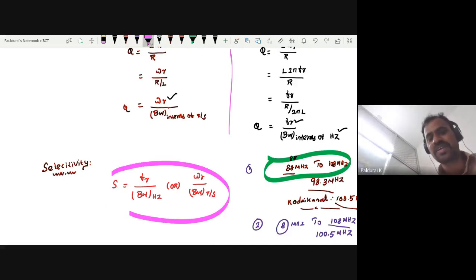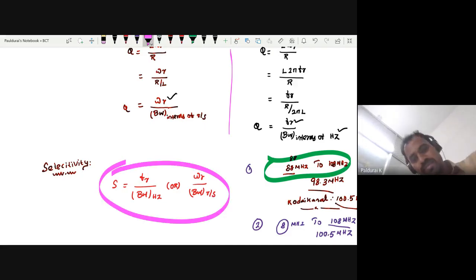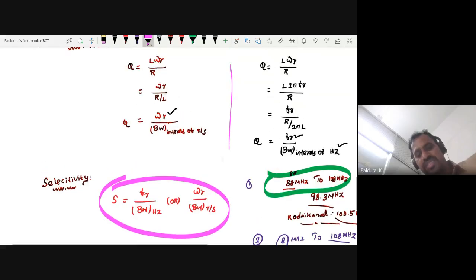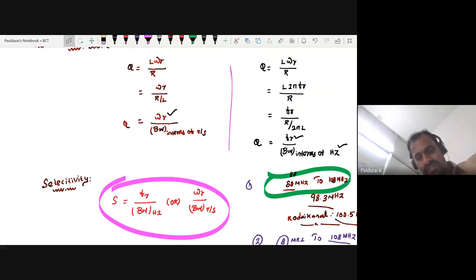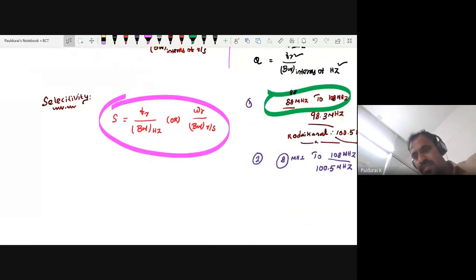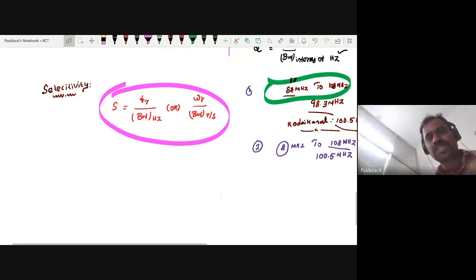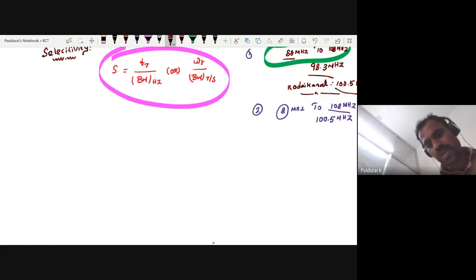Nothing but quality factor. The other name for quality factor is selectivity. Both are the same, nothing new. In another way, we can define quality factor in the name of selectivity. So the conclusion is very important: selectivity and bandwidth are inversely proportional to each other. Okay, so this is about series resonance. Now coming to parallel resonance.